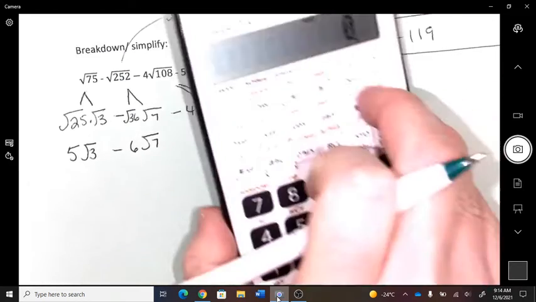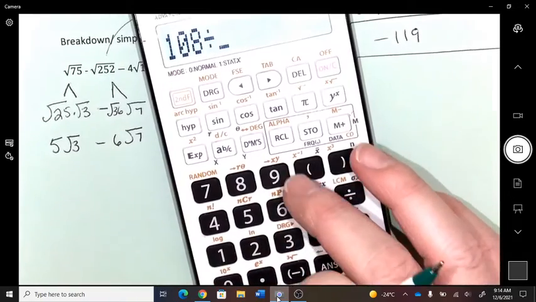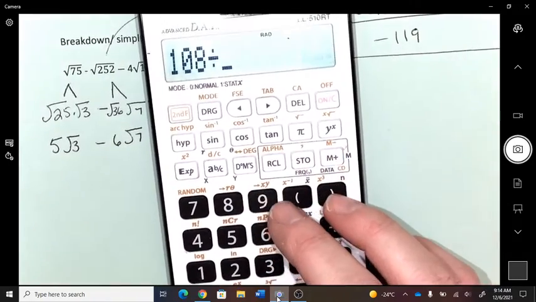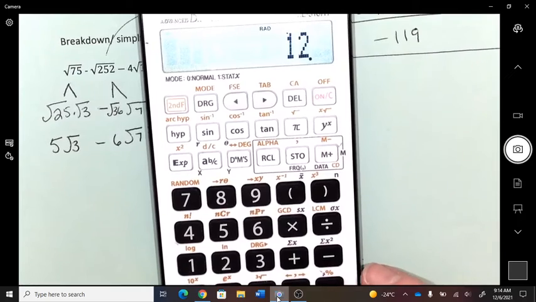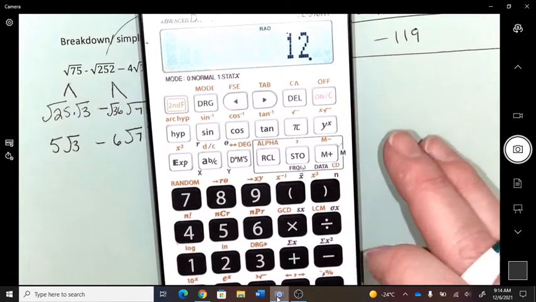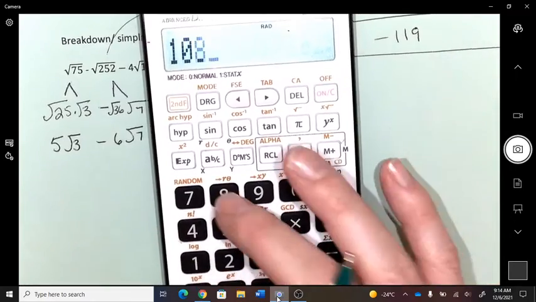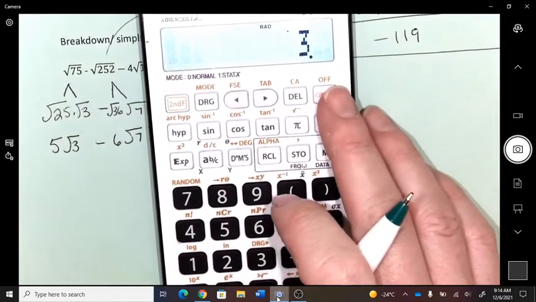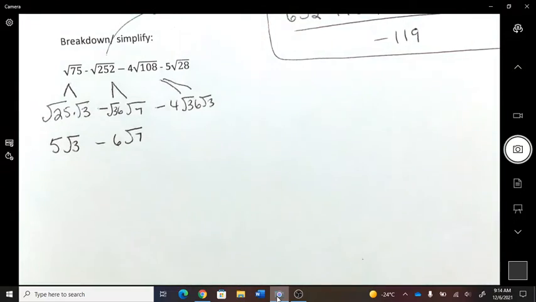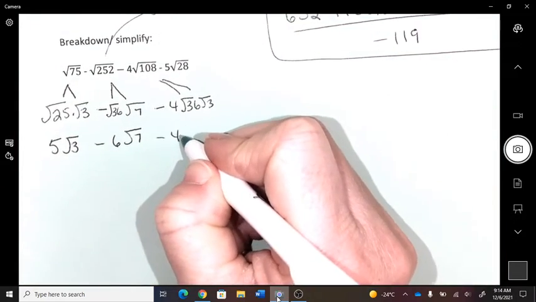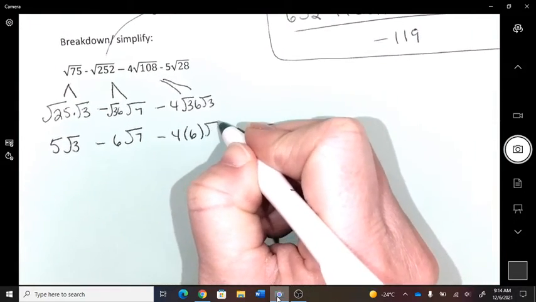Okay, so that was just me playing around in my calculator. I started actually like this. I knew it was divisible by 9. But then I thought, oh, well, if I had a 12 there, 12 could be divided by 4. So then I went to 36. Okay, so this is going to be 4 times a 6.